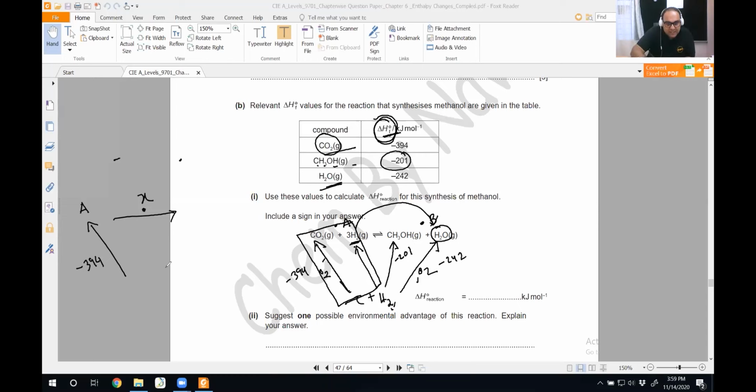These two will add up to become one. So what is the answer for minus 201 and minus 242 if you add them up? Minus 443. So if this is B and this is C.